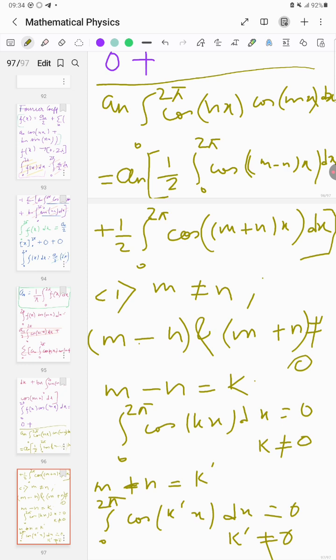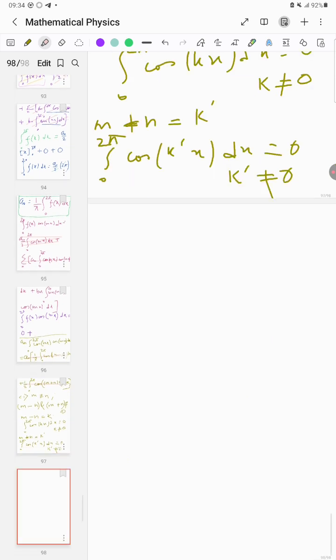Since m and n are different, both the terms of this integration, the first term and the second term, turn out to be 0, because cos kx over 0 to 2 pi gives us 0. k can be m plus n, k can be m minus n, doesn't matter. Alright, so this being the first part.